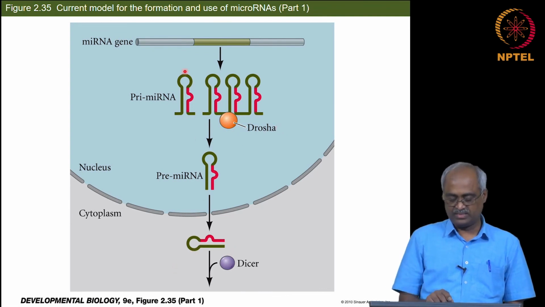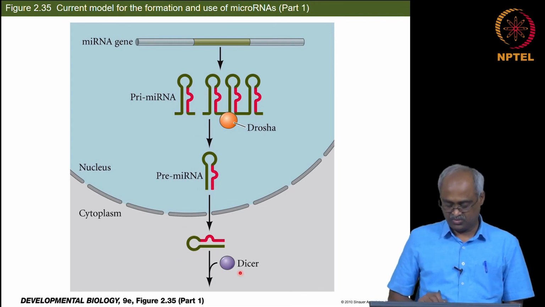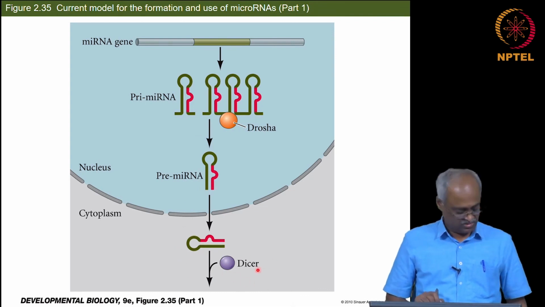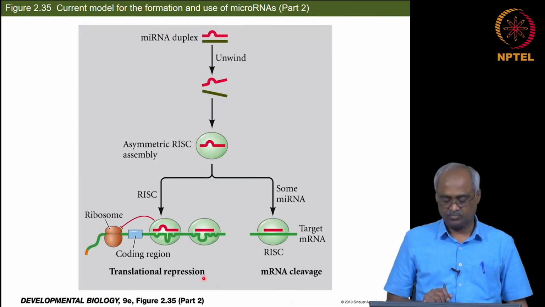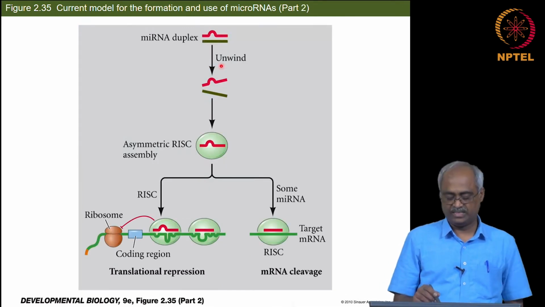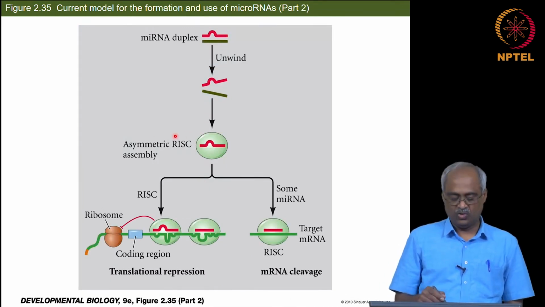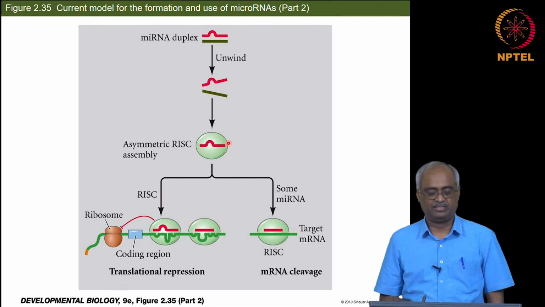These come as hairpin repeats, and the hairpin is removed by a cytoplasmic nuclease called Dicer. Now you get the 2 strands, and they are unwound and loaded on a complex called RISC.